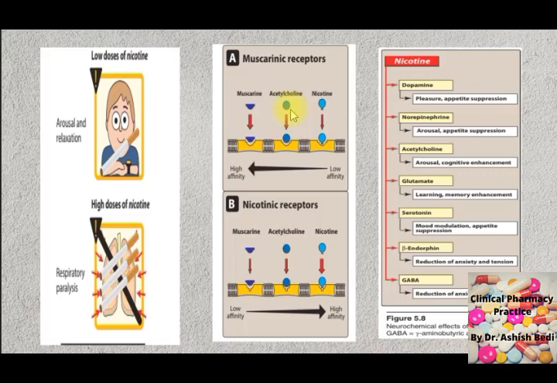These two receptors belong to the cholinergic system, or we can say the parasympathetic, parasympathomimetic system. In the cholinergic system we already know that acetylcholine is the major neurotransmitter.